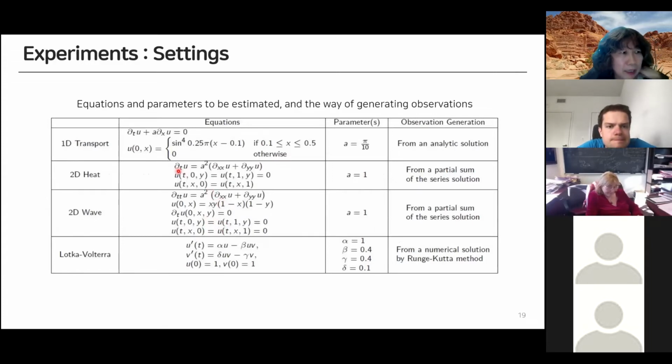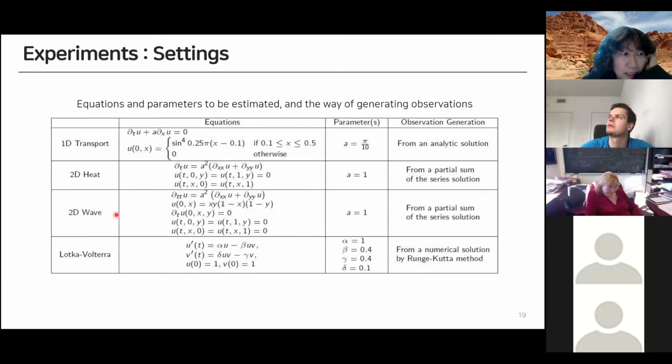Instead, I'll show you some experimental results to see how this new method works pretty well on the very basic PDEs first.